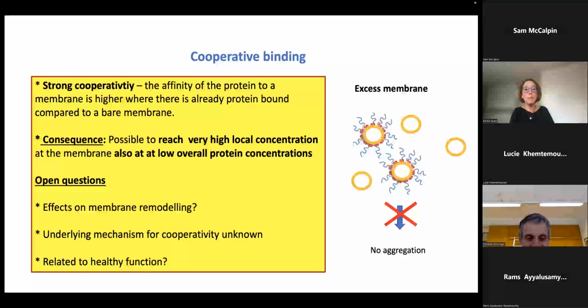This means that the affinity of the protein to the membrane is much higher at a place where it's sitting beside another bound protein compared to a bare membrane, which is completely against what would be predicted from entropy. So it also tells you something about the interaction with the membrane, that it has to be very highly favorable to go to the same place.